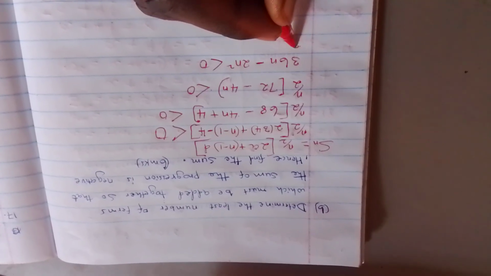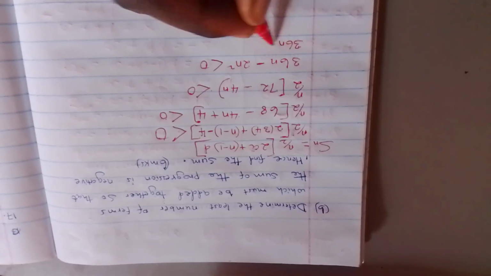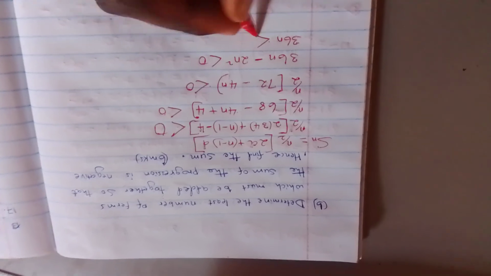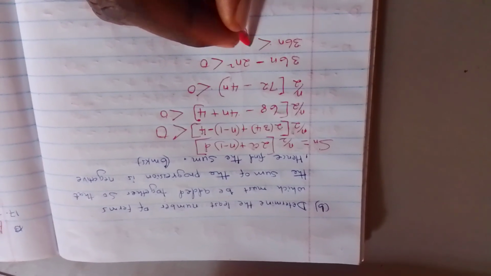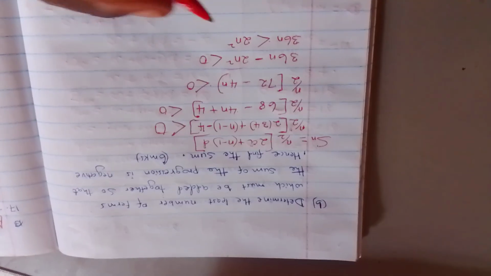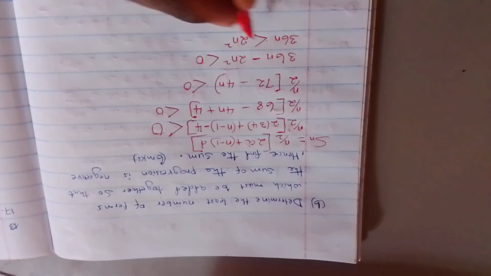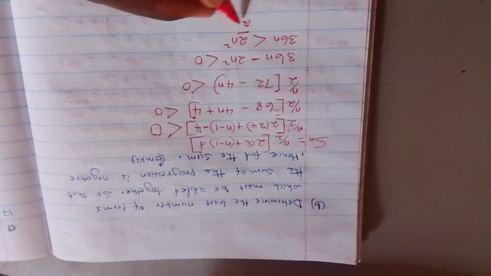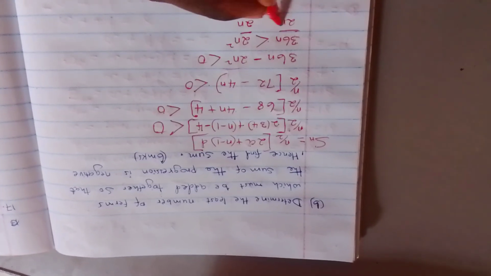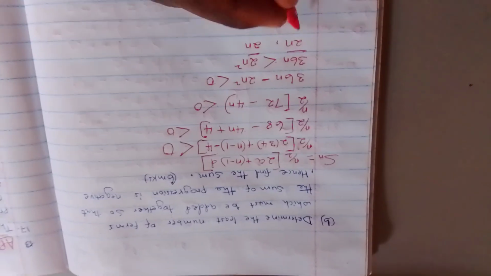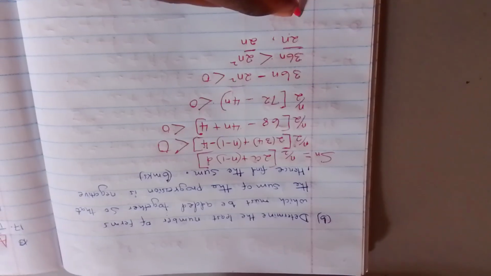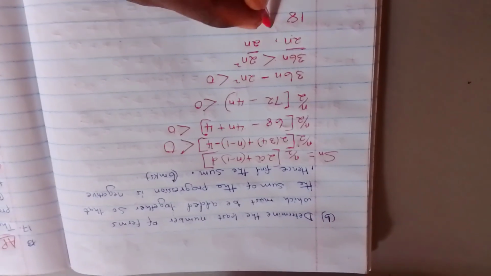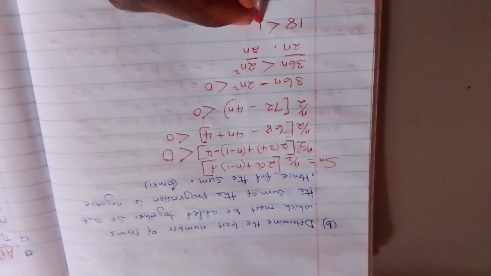Therefore, 36n must be less than 2n squared. We can divide by 2n, so this is equal to 18 must be less than n.